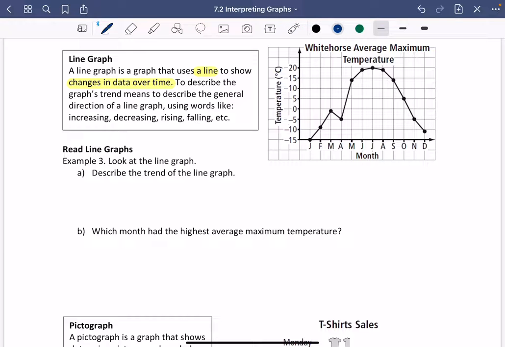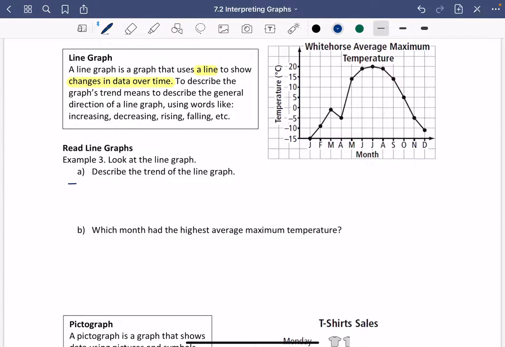So we can say that the graph is increasing from January to March and from April to July.